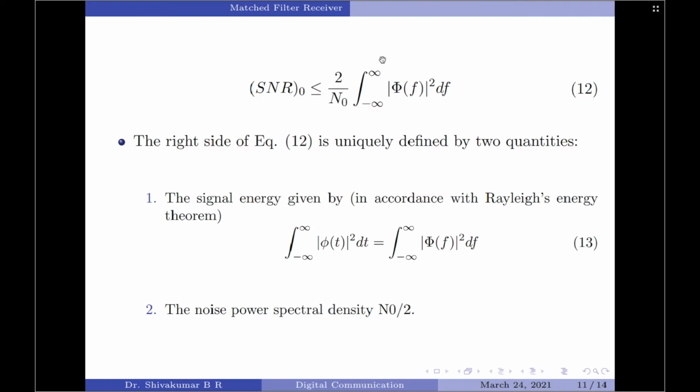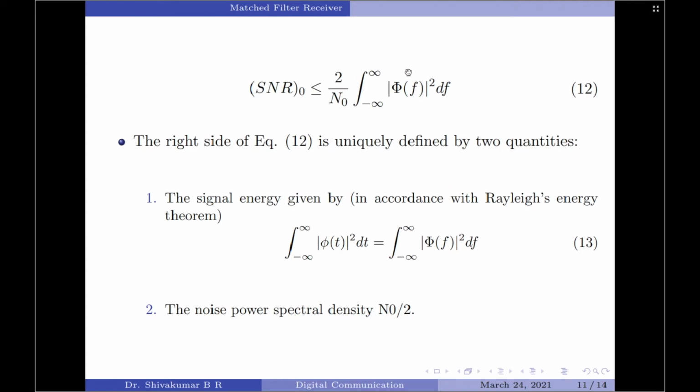From equation 12, we note that the output SNR is defined in terms of two quantities. The first quantity is actually the signal energy. However, please note this is represented in terms of the Fourier transform. If I have to write the same in terms of the time domain, it will be integral minus infinity to plus infinity magnitude square of phi of t dt. We should note that the energy of the signal, irrespective of whether it is represented in the time domain or in the frequency domain, will be the same.